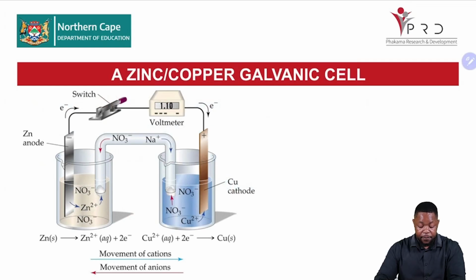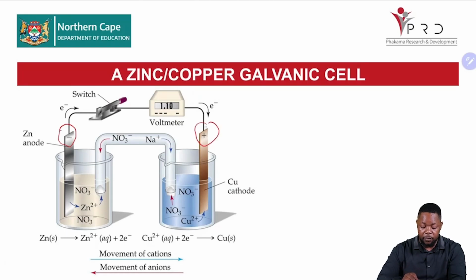The zinc copper cell that we have talked about earlier. Now our ionic substance is sodium nitrate. We now see that, remember, the negative means anode and the positive means cathode. The salt bridge indicates the internal circuit.